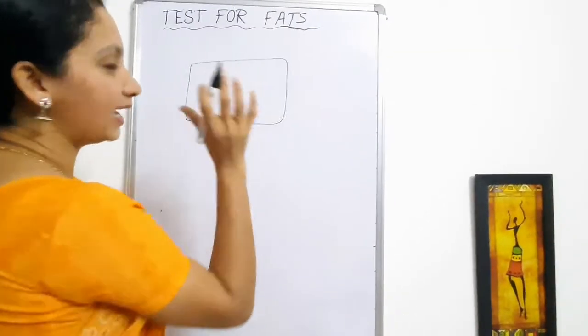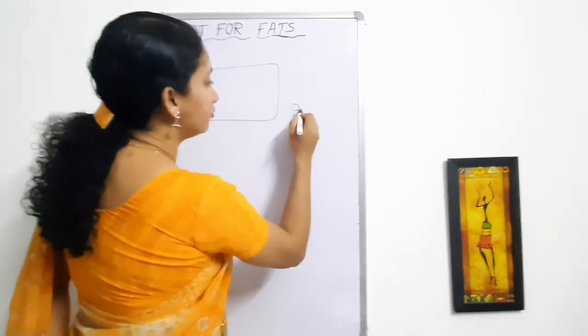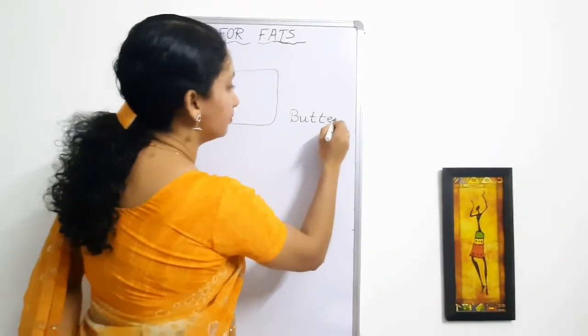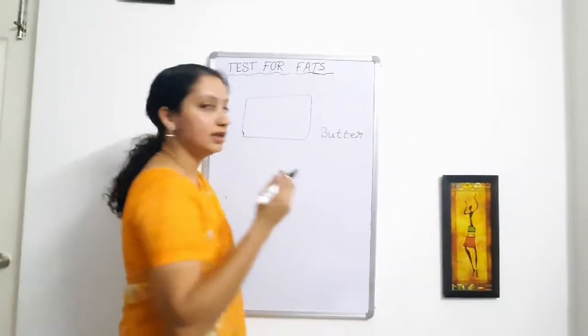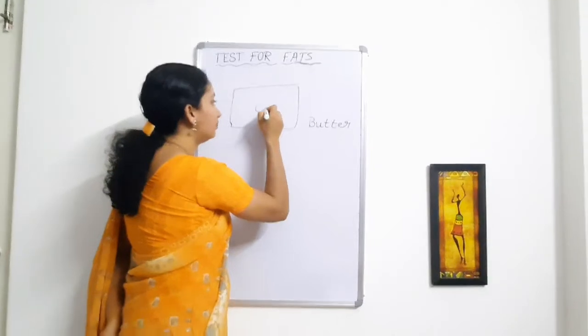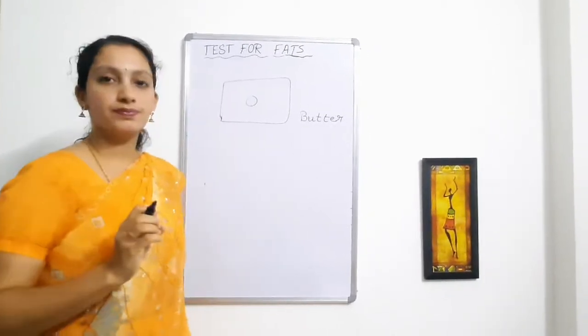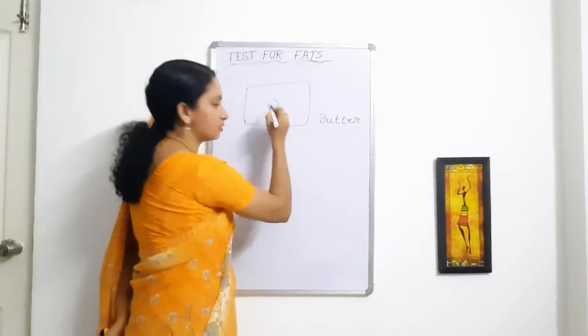You can use butter to make the result easier. Take a small piece of butter and keep it in one place of this brown paper. So I kept it in the center.